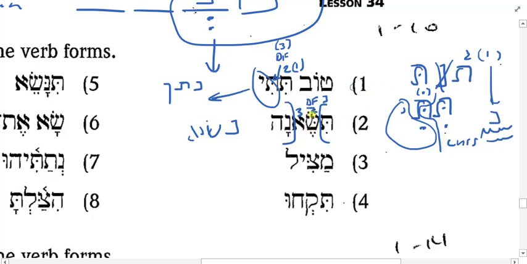Now, with that in mind, which stem has a hireq under the imperfect prefix? The qal does. Does the nifal have a hireq under the imperfect prefix? It does. Qals and nifals. But what does the nifal also have in its imperfect? The first root letter after the prefix has a dagesh forte, which we have, but it also has a qamets under the prefix, doesn't it? Yippaqed.